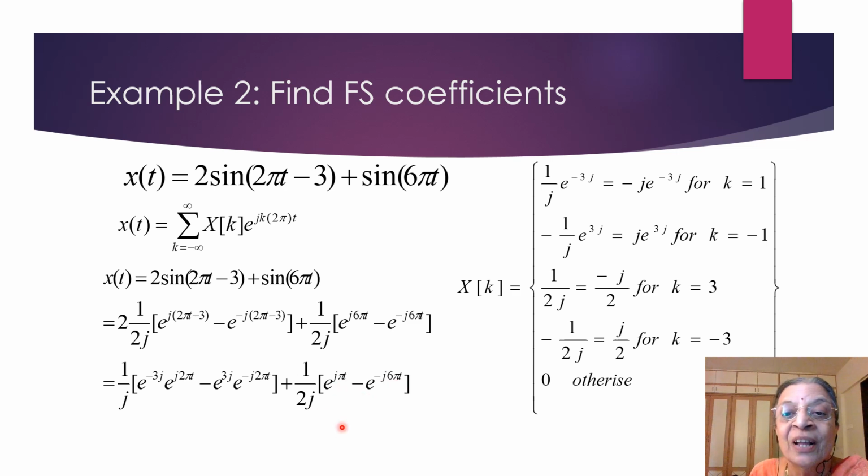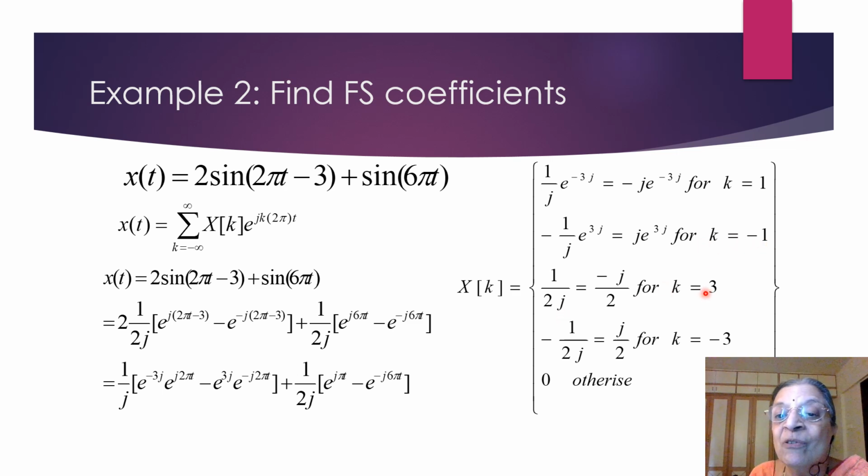Now, what will be the term for k equal to 1? For k equal to 1, I will have to use this particular constant. So, 1 upon j e raised to minus 3j. So, how shall I write it? It is equal to minus j e raised to minus 3j, because 1 upon j, if I multiply the numerator and denominator by j, I will get minus j. And for k equal to minus 1, this particular constant will come into picture. So I will have j e raised to 3j for k equal to minus 1.